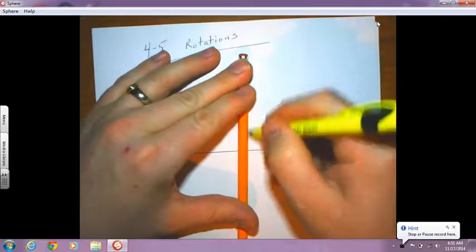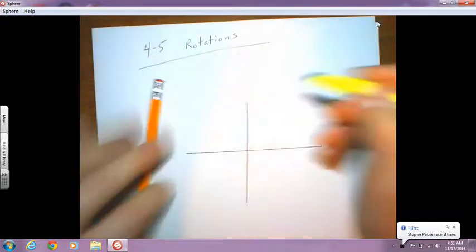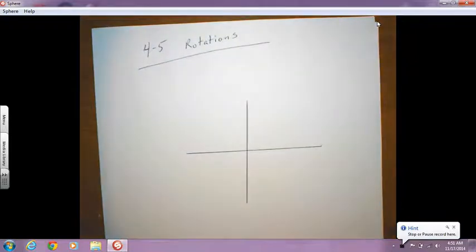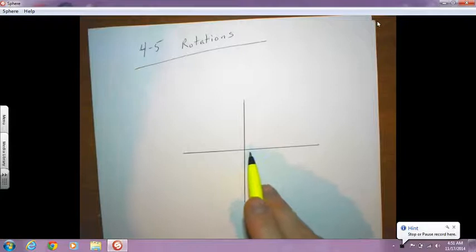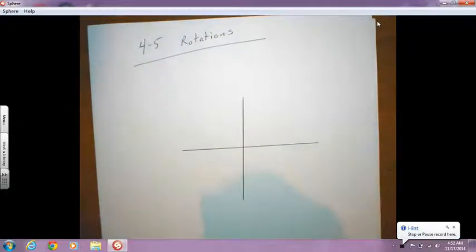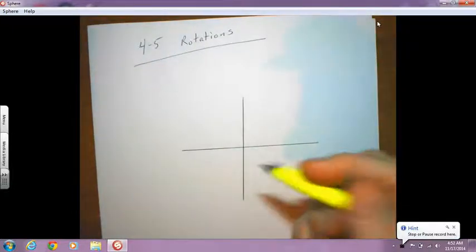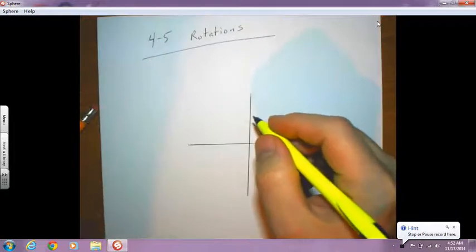And I'm going to choose a nice easy pair of intersecting lines here where our angle is pretty close to 90. It looks like it's probably more 85 degrees. But what we're going to do is we're going to take our object, and it's probably easier to start with a triangle.